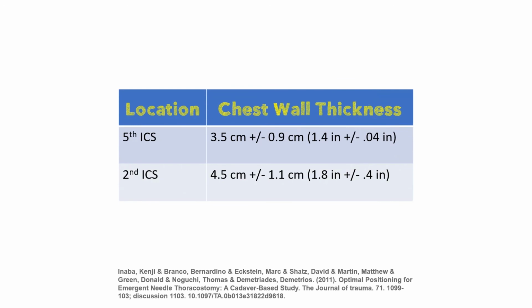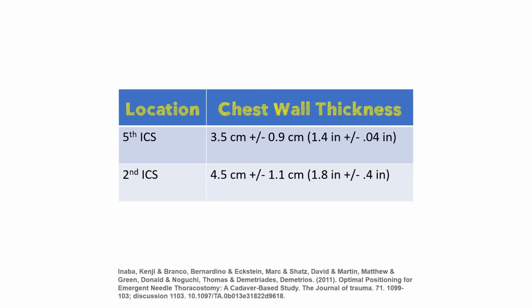The average chest wall thickness at the second intercostal space is about 1.8 inches, give or take about half of an inch. And this is just the average chest wall thickness. Now there are deviations to this, and some patients may have much thicker chests. And that's not even taking into consideration patients that could also have subcutaneous emphysema, which could increase the chest wall thickness. However, at the fifth intercostal space, the average chest wall thickness is 1.4 inches, give or take 0.04 inches.